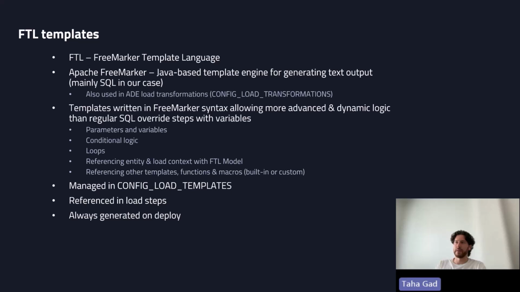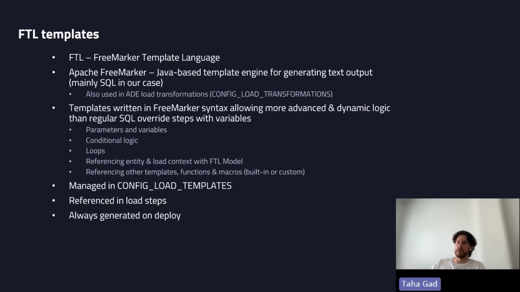That means that when you use the template in some entity, the template can reference certain things from the entity object: attribute names, load options, source and target entity and so on, all kinds of details related to those. Then you can also reference other templates within a template, and functions and macros. Those are either built in or custom. Like I mentioned, they come out of the box, and then you can develop your own stuff as well.